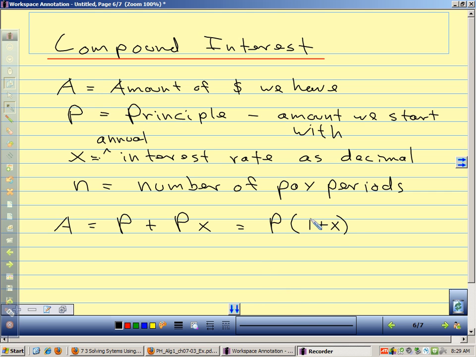Now when our interest is compounded on this amount, our second compounding, when we calculate this again, we get P times 1 plus X, that's how much we have now, plus P times 1 plus X times X. I'm earning interest on this amount now.